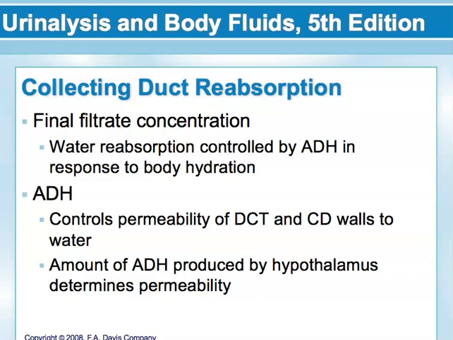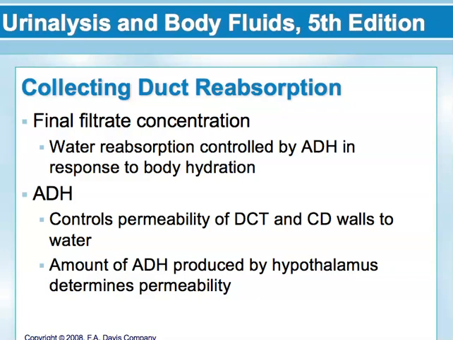So ADH renders the walls of the distal convoluted tubule and collecting duct either permeable or impermeable to water based on that state of hydration. So when the body is dehydrated, the body produces ADH, which increases permeability. That allows the body to reabsorb the water that it needs, and that results in a low volume, more concentrated urine.